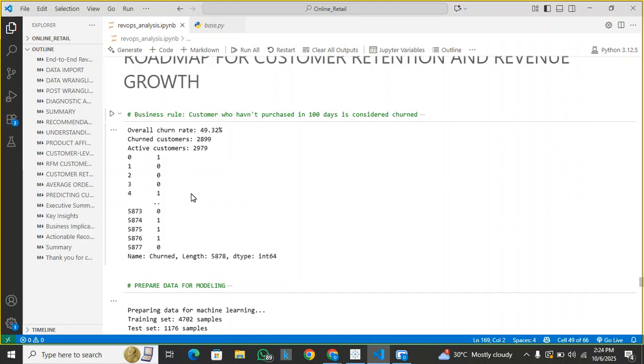And then I trained a predictive model using features like monetary, frequency, recency, tenure, and customer value to determine the probability of a customer staying or leaving the business.